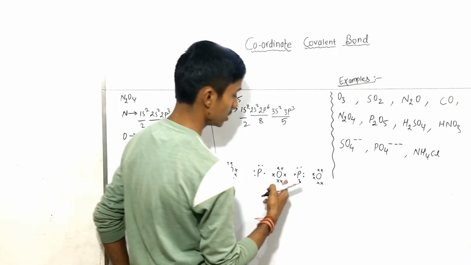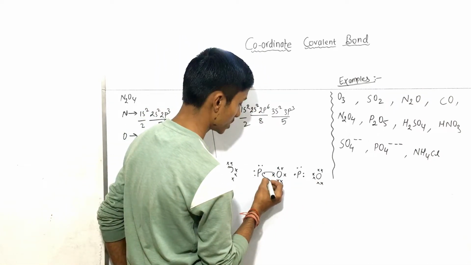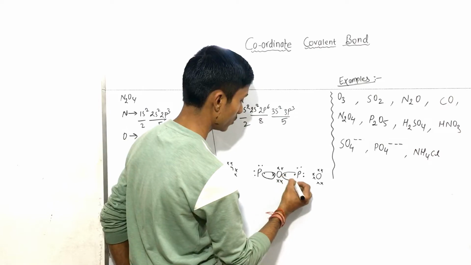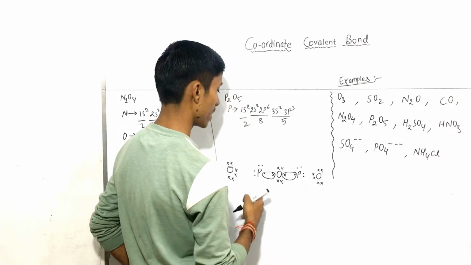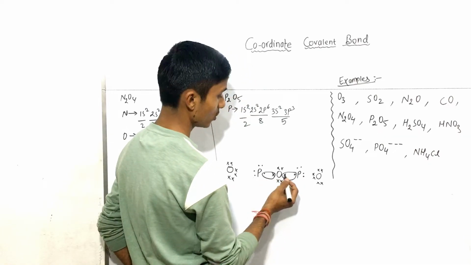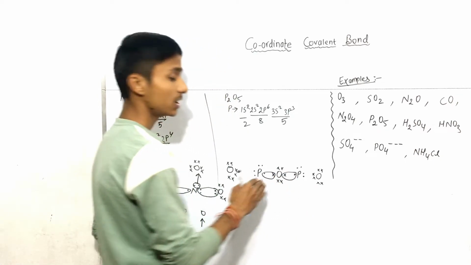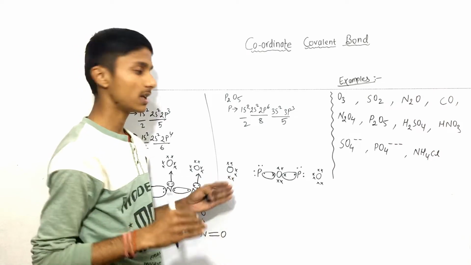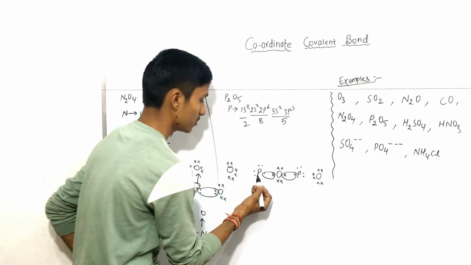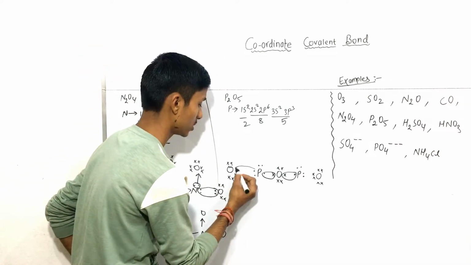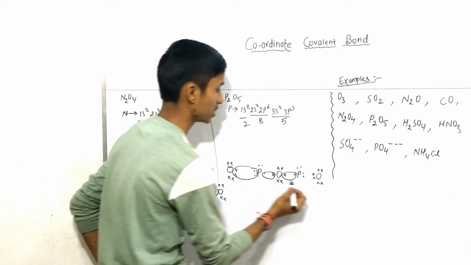Now you can see one pair of electron gets shared here. Similarly one pair of electron gets shared. Now you can see for oxygen 1, 2, 3, 4, 5, 6, 7, 8. 8 electrons are completed in its valence shell. Now for this phosphorus atom, here 2 pairs of electrons get shared.